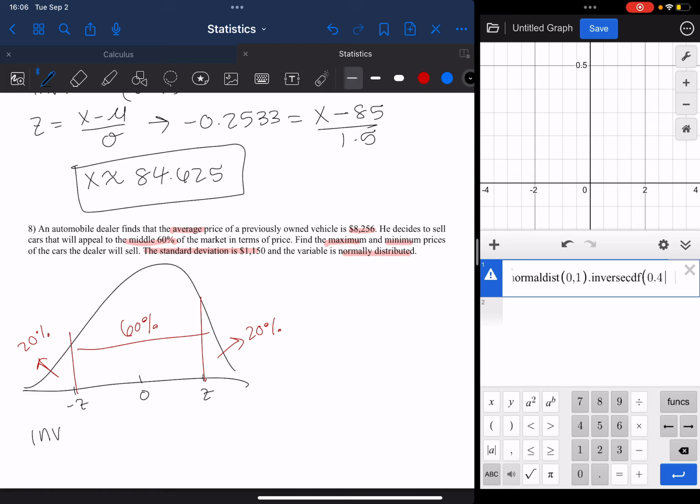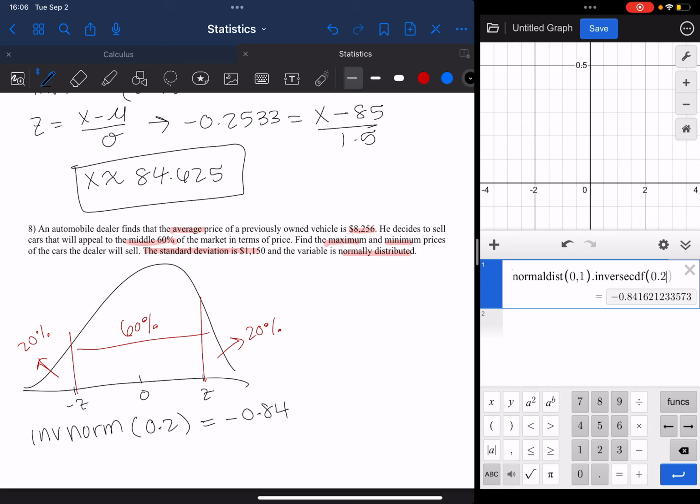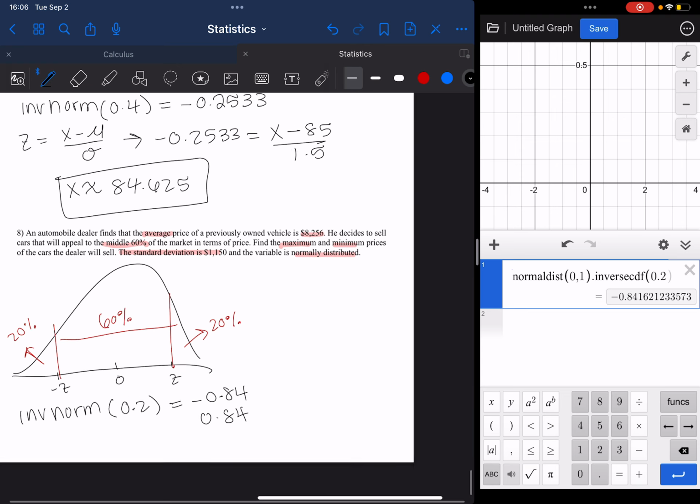So inverse norm of 20% or 0.2 tells us that we can get a z-score of negative 0.84 or positive 0.84. So knowing that, we're going to have to check both sides, and this is going to help us find the maximum or the minimum.